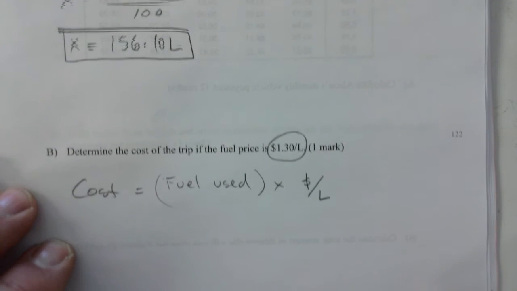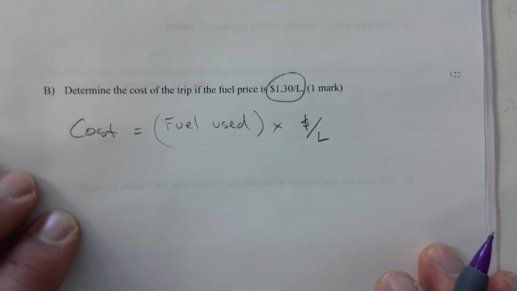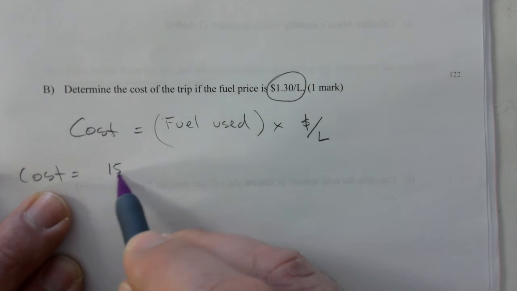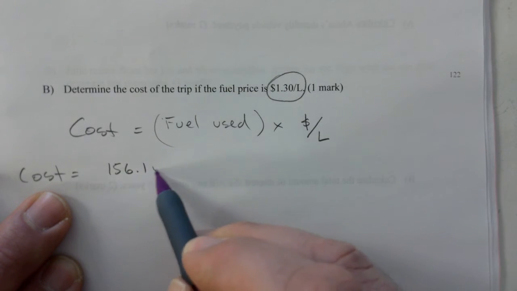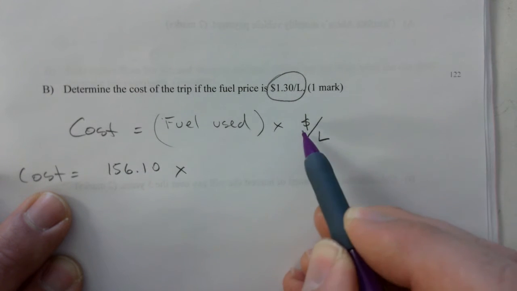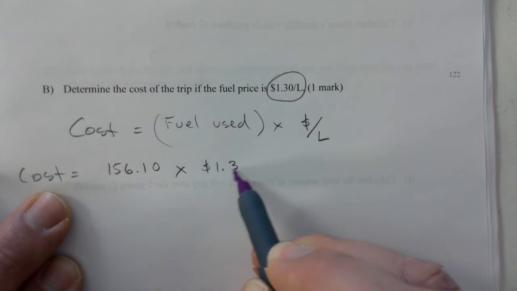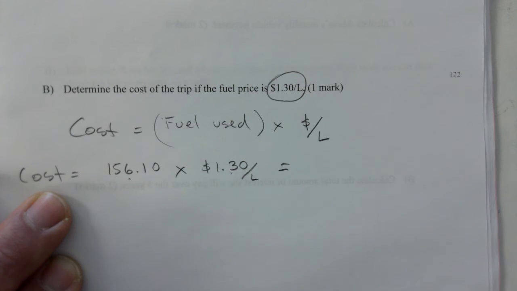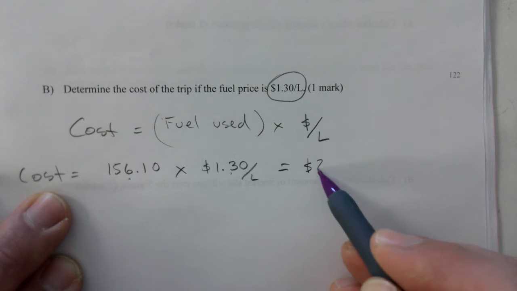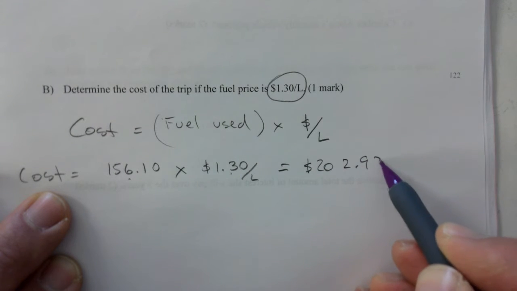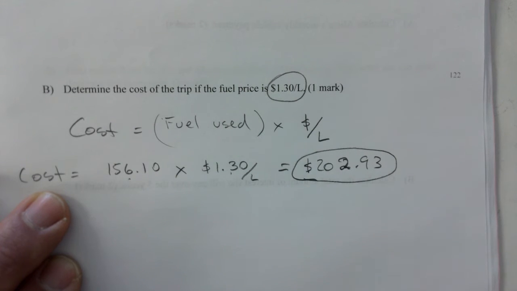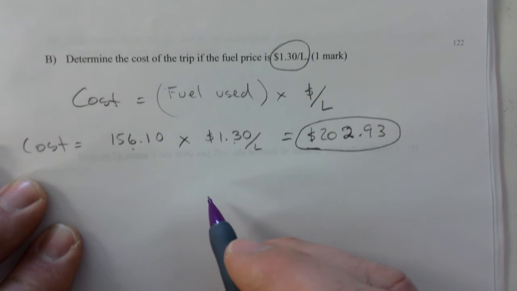As easy as that. Or you can set up another proportion. I'll show you both ways. Cost is 156.10 liters times $1.30 per liter. So you just go 156.10 times 130. Don't add taxes to fuel because fuel already includes taxes, okay? Gas is already the price including tax. That's how much you would have spent on this trip.